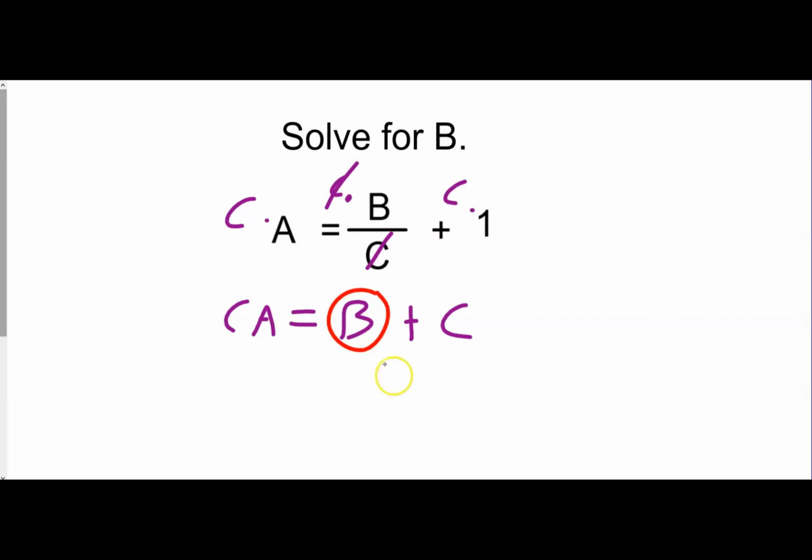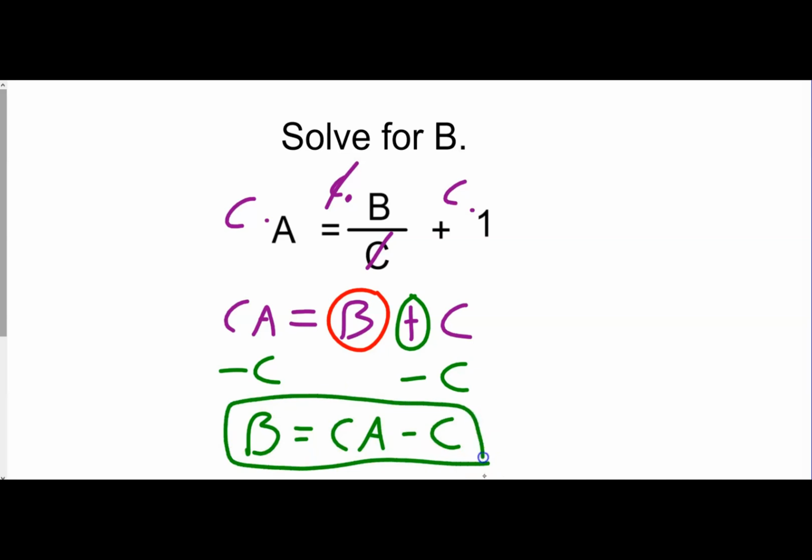We are actually adding. So I can't divide by C this time to get rid of it. I have to subtract, because how do you get rid of plus C? You subtract C. So what does B equal? CA minus C. Because again, we talked earlier why these two can't get together, because they are not like terms. So there it is.